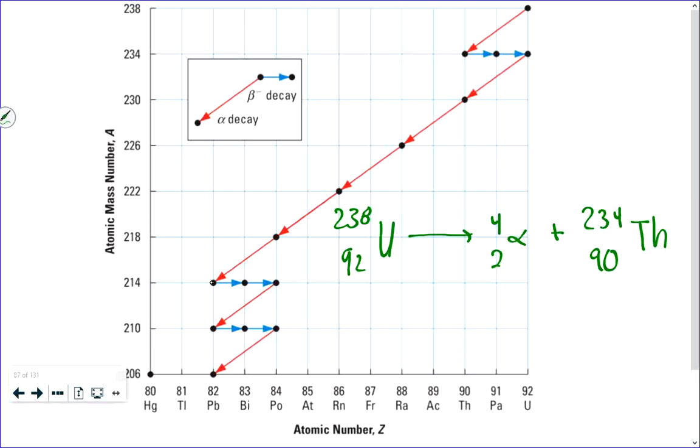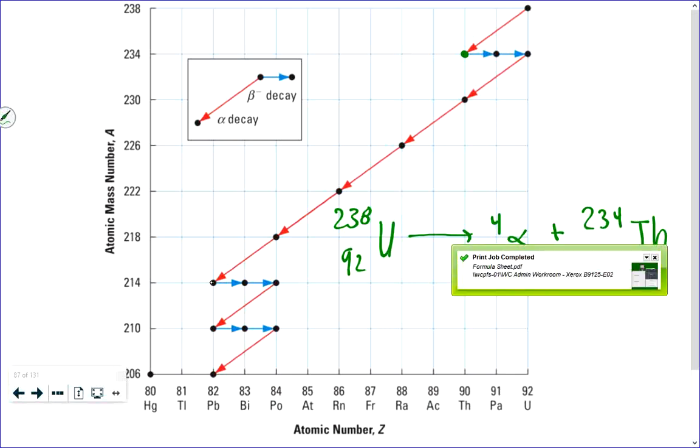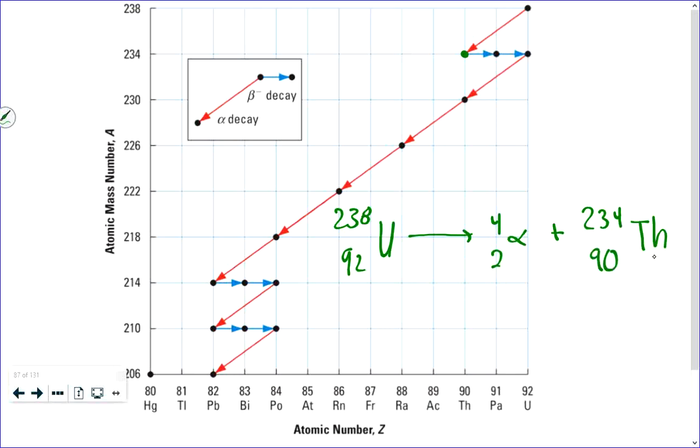Now, we could check something here if I've read my periodic table right and I understand alpha decay right. This point right here should be thorium-234. And when I look down from this point, Ethan, it matches thorium, and when I look to the left, it matches the 234.